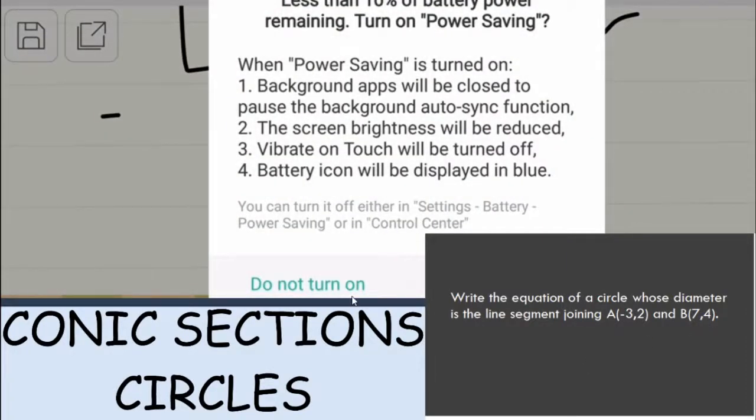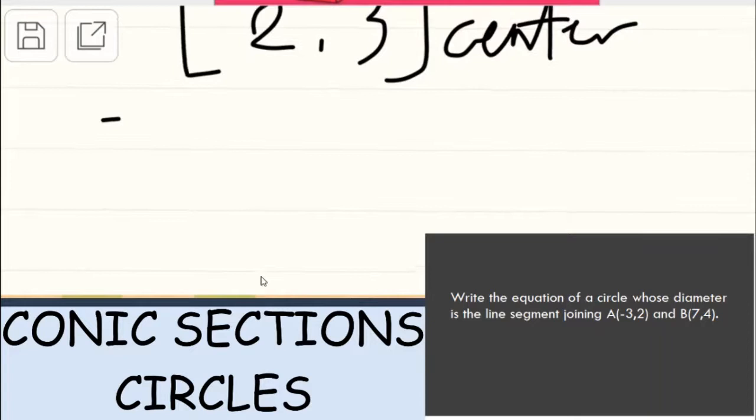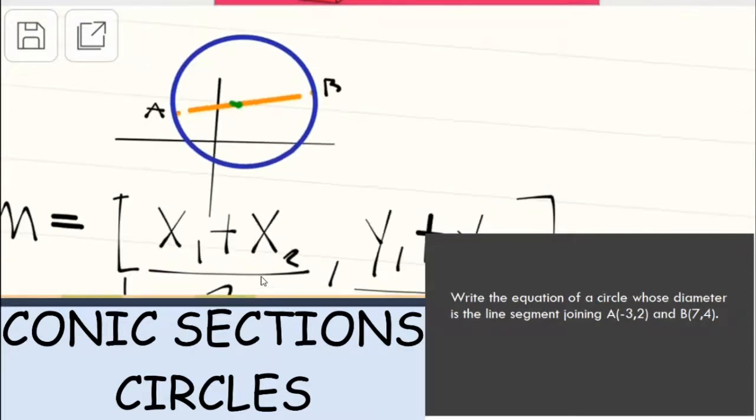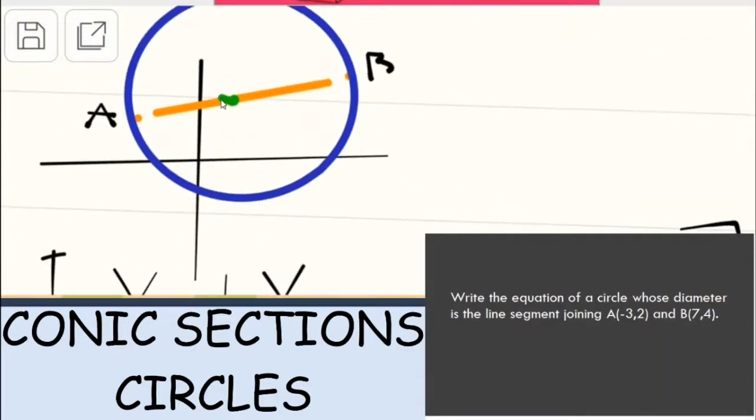Kasi in order to get it, we just need to get the distance from the center to point A, or from the center to point B. It's just the same. So it's either, ang gagamitin natin is coordinates A and the coordinates of the center, or coordinates B and the coordinates of the center. We'll still arrive at the same answer.